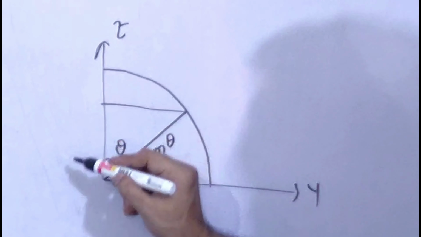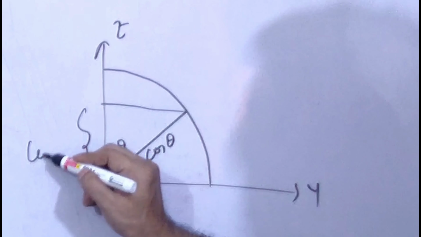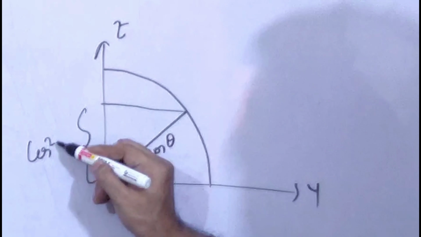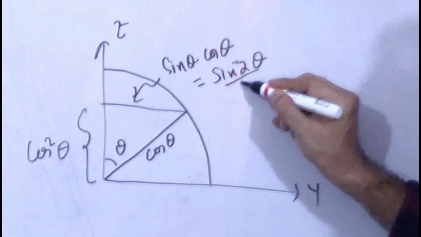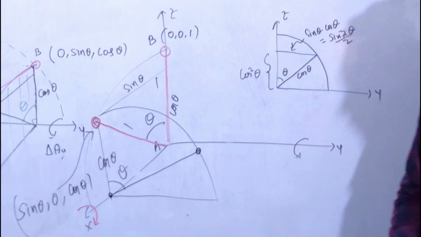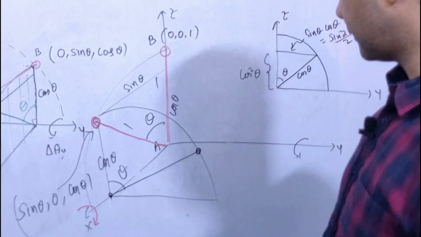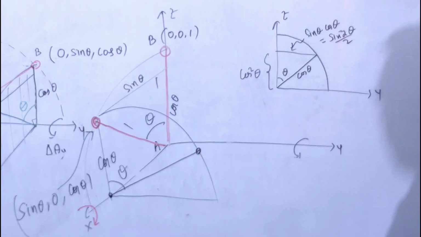So how much will this length be? This length will be just cos square theta, and this length would be sin theta into cos theta, which becomes sin 2 theta by 2. So it is quite complicated, but nevertheless worth doing.